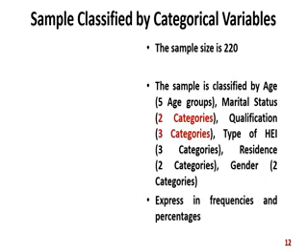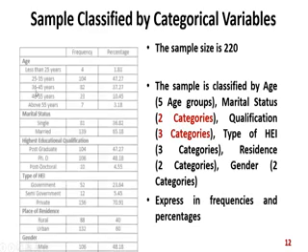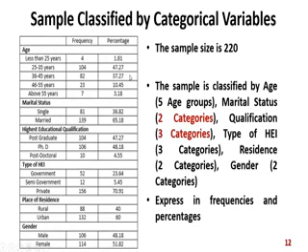So we need to show the number of observations under the different age groups, marital status, qualification, type of institution, residence, and gender, expressed in frequencies as well as percentages.